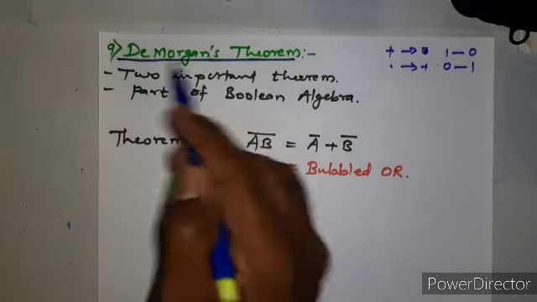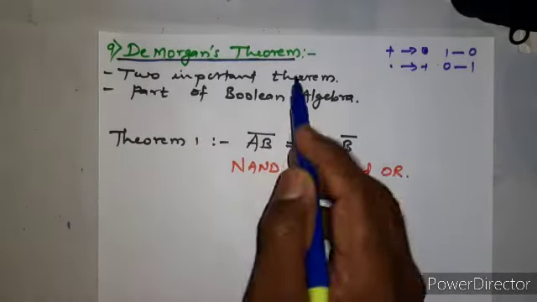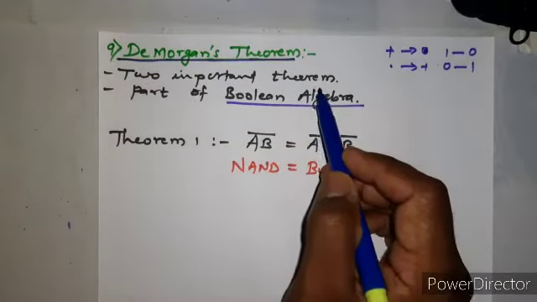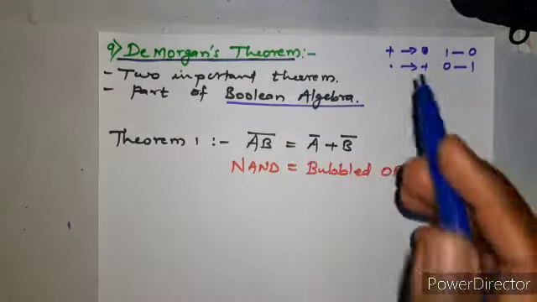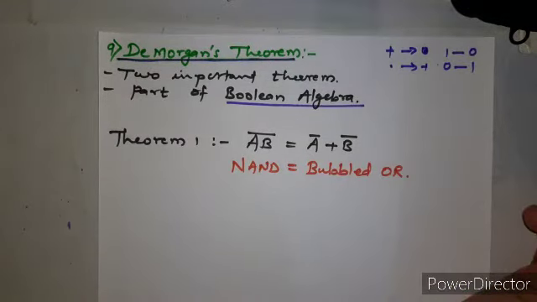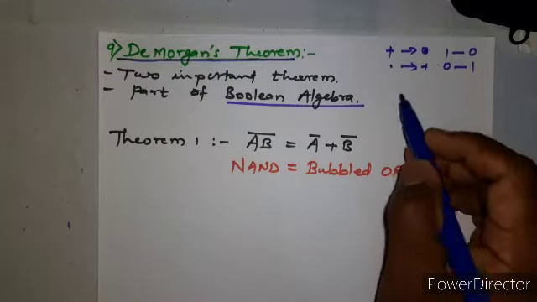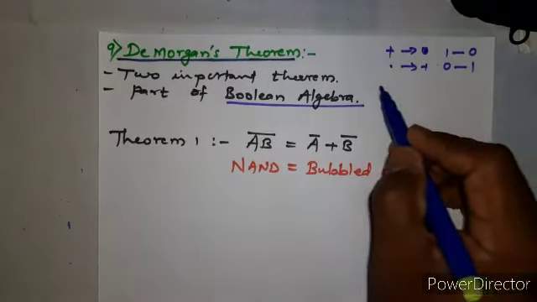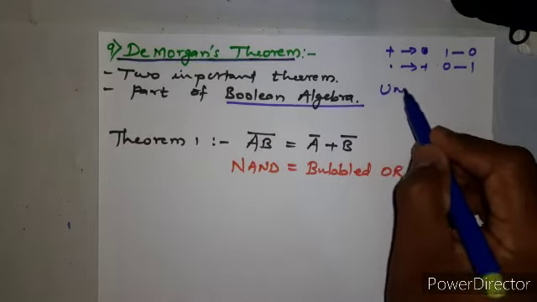Now again, De Morgan, one scientist, has put here, now it is a part of Boolean algebra by the way, two important theorems which are required for simplification of a given circuit. Not only simplification, this De Morgan's theorem is quite importantly used in universal gates also.